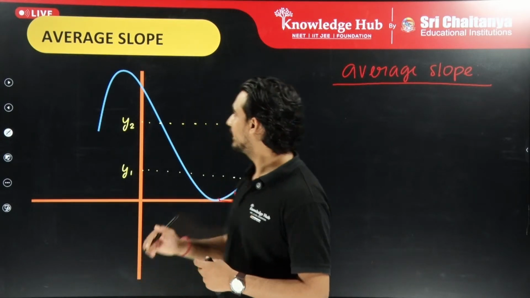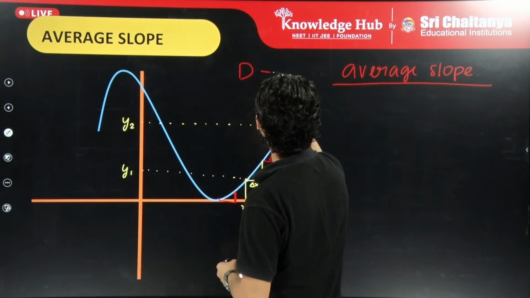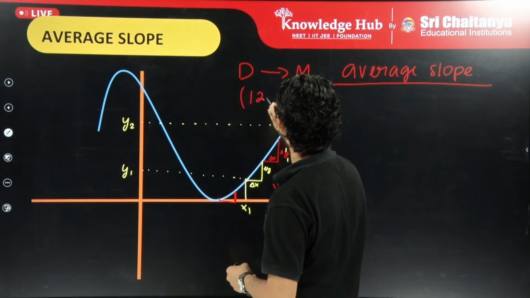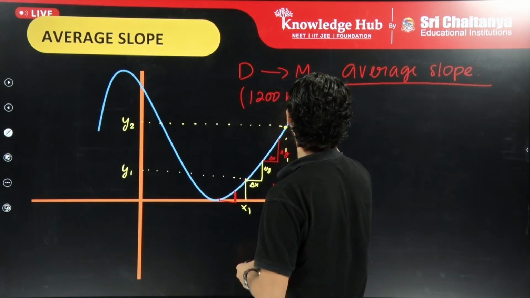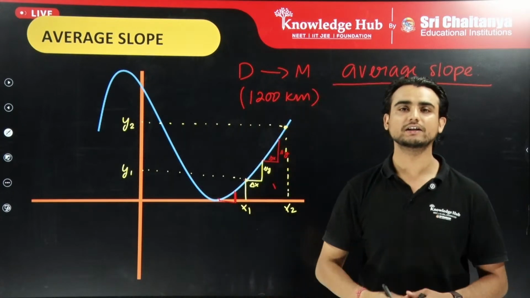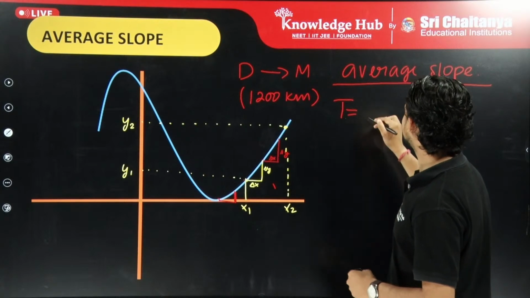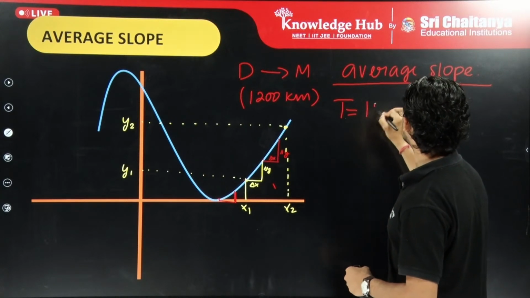Let's say Delhi to Mumbai is 1200 kilometers. I don't know the exact distance, but let's say it is 1200 kilometers. And the time I take is, let's say, 12 hours.